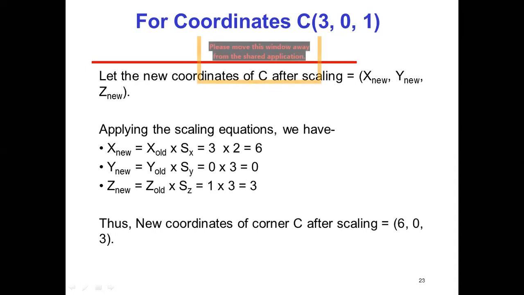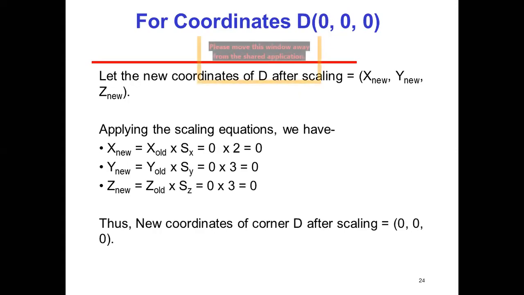Similarly, you can calculate for C. Again, it is necessary to write and mention everything here, and then you can calculate easily. It is mandatory to mention each and everything. Thus, you will get the new coordinate for corner C after scaling. Simple calculation, no problem at all.